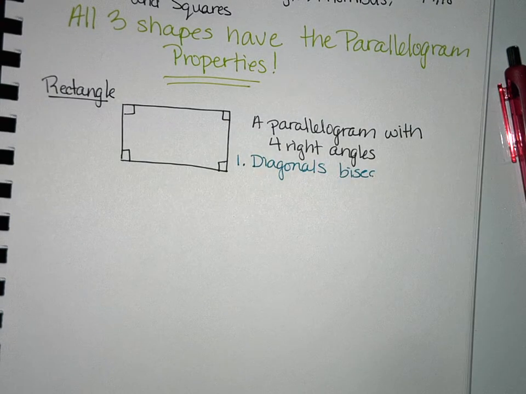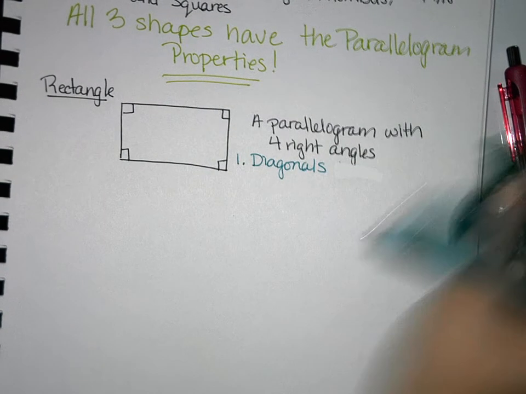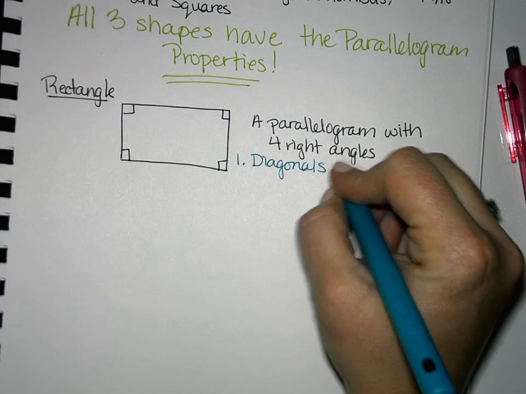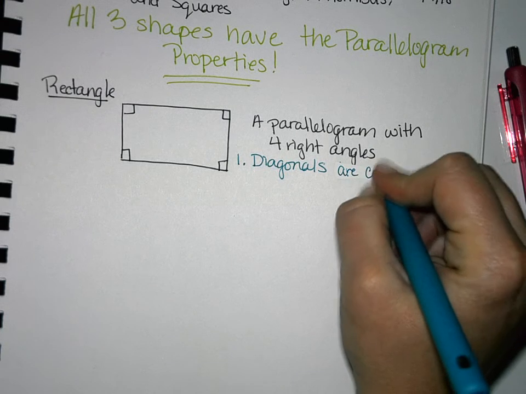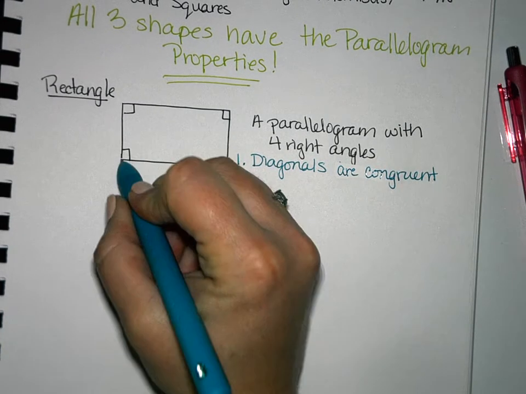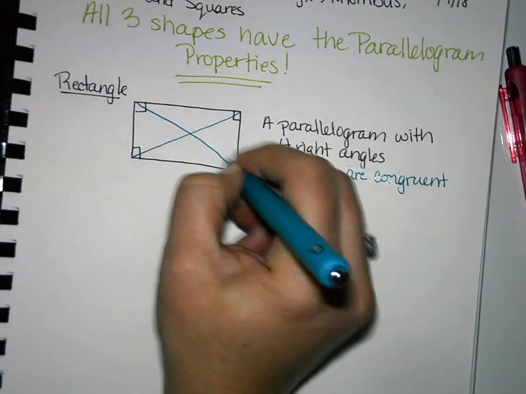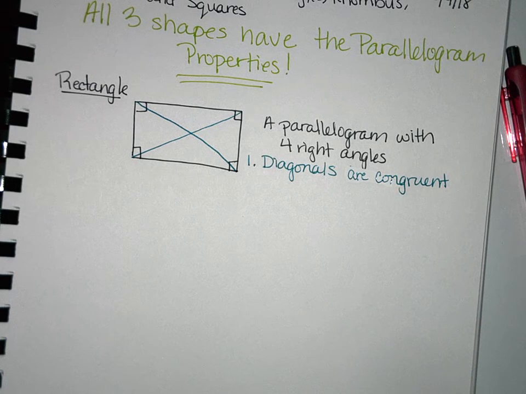Nope, not bisect. That's part of the wrong one. The diagonals are congruent. So if you were to connect the opposite corners, those segments would be the same length.